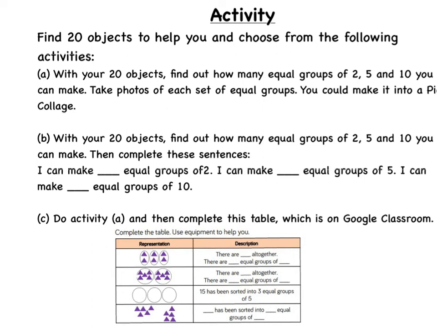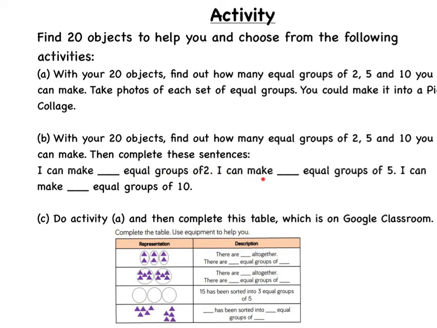If you prefer, you can choose activity B. With your 20 objects, find out how many equal groups of 2, 5 and 10 you can make. Then complete these sentences. I can make blank equal groups of 2.